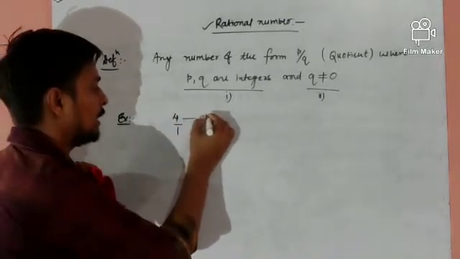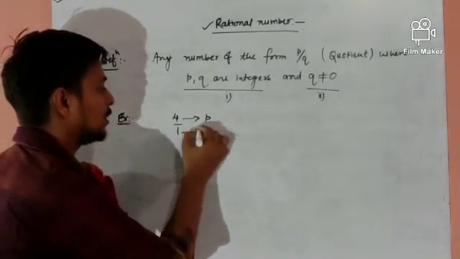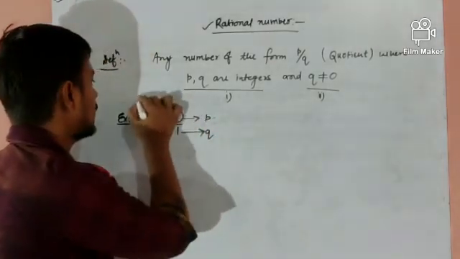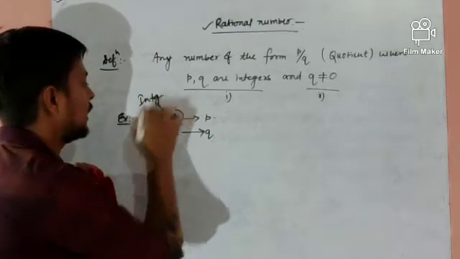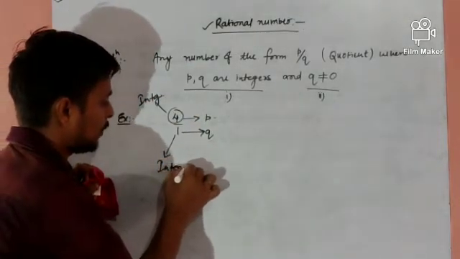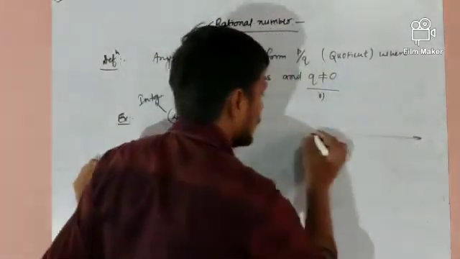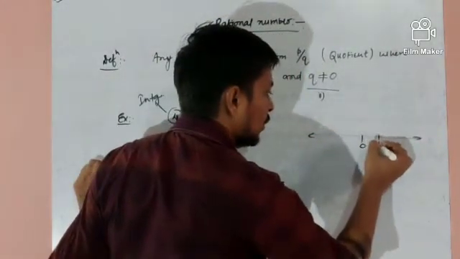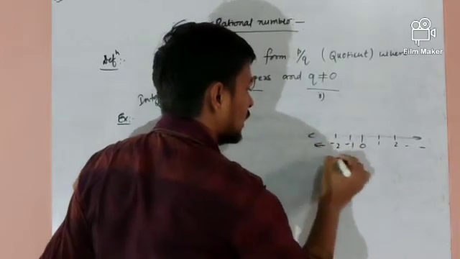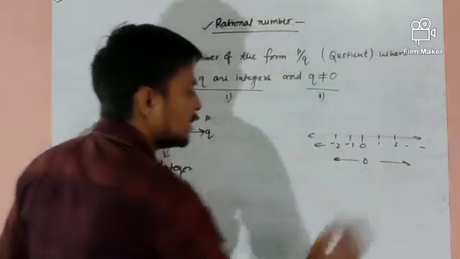Now this is p and this is q. Here p is 4, which is an integer. 1 is also an integer. You can draw the graph: 0, 1, 2, dot dot dot, minus 1, minus 2, dot dot dot. Here negative, here positive, this is 0.